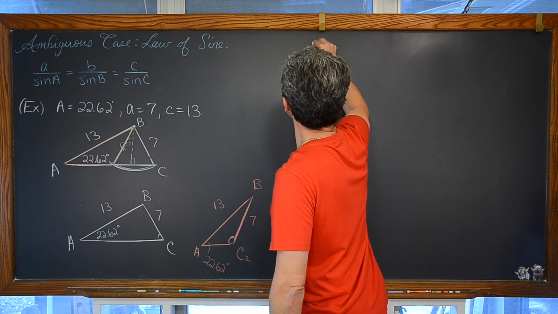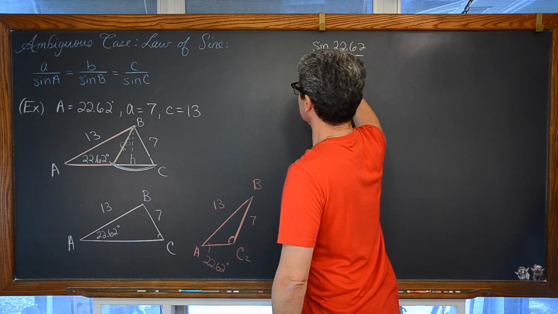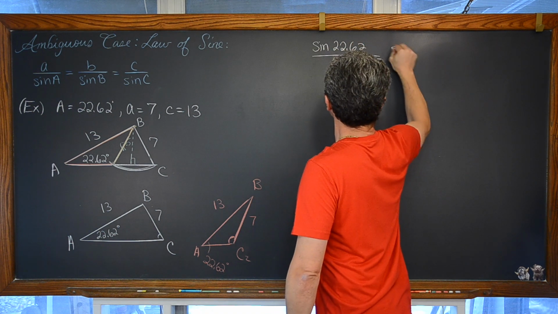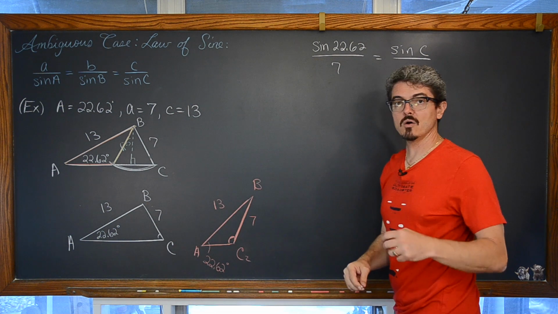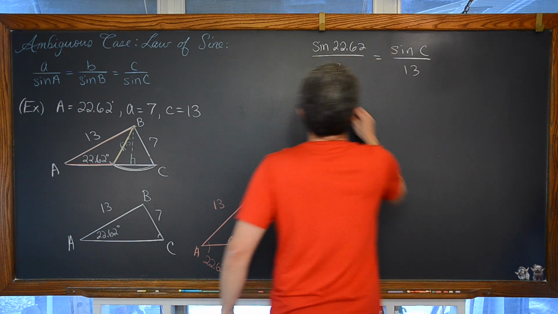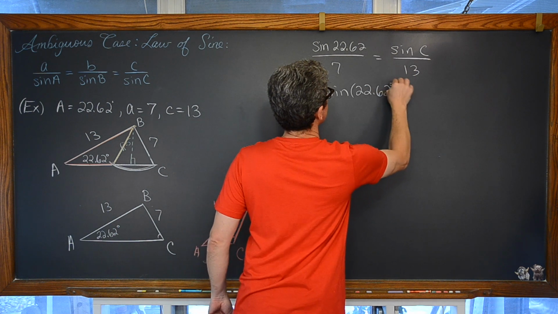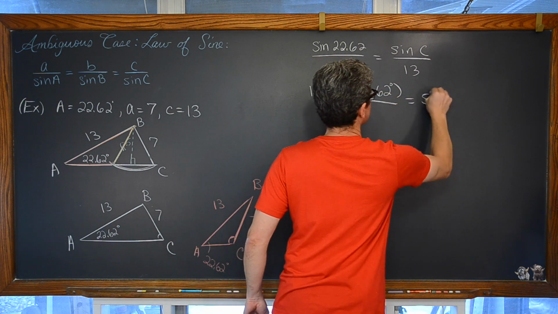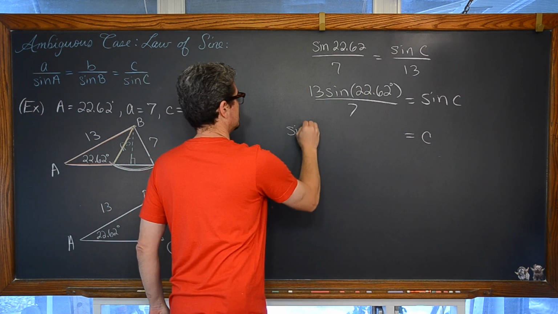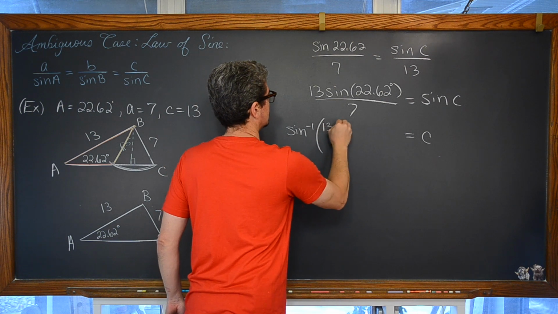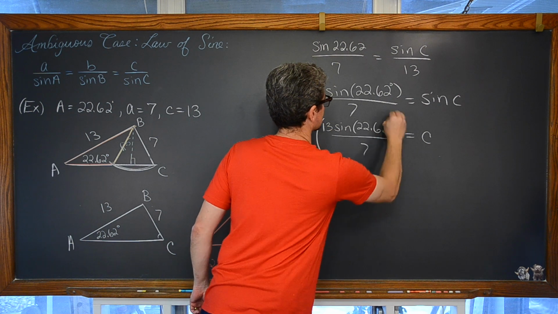So we have the sine of 22.62 over 7 is equal to the sine of C over 13. We're finding angle C first, because we know side C. 13 sine of 22.62 degrees over 7 equals the sine of C. C is then equal to the inverse sine of 13 times the sine of 22.62 degrees over 7.